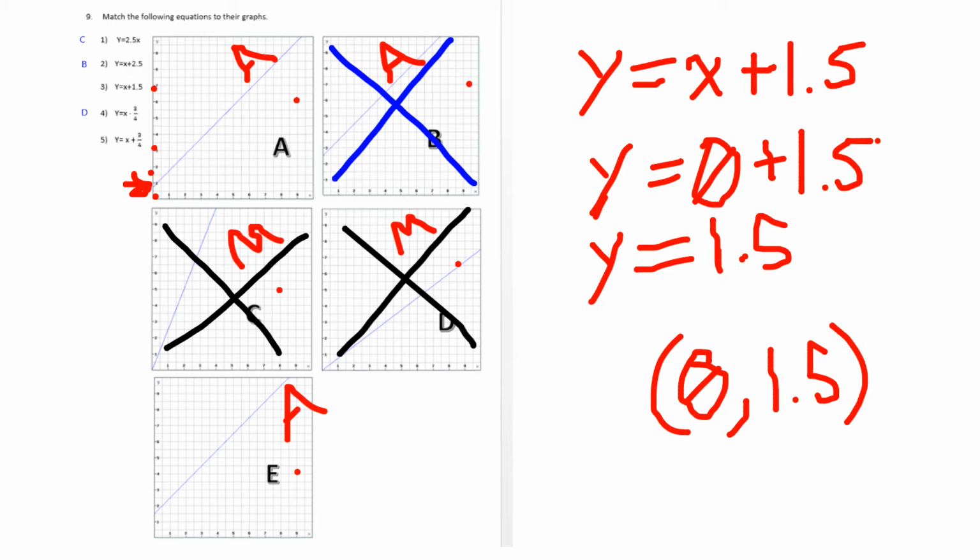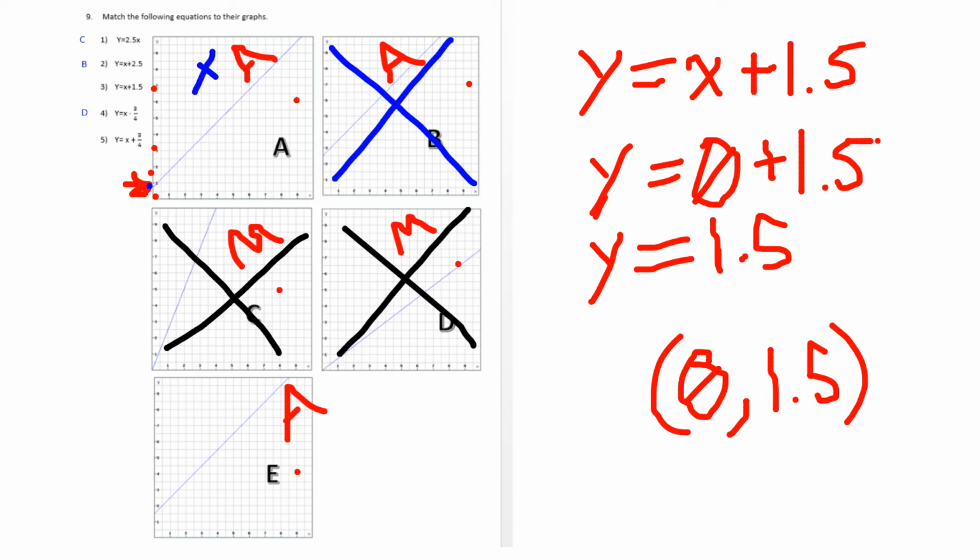And the line crosses down here, which tells me, actually not quite that low, but right about there. But in any instance, it doesn't cross at 1.5, because when x is equal to 0, the point would be on the y-axis, which is basically this whole line here. And what we find is that it does not cross. When x is equal to 0, y is not equal to 1.5 on this graph. So I don't think this is the right answer.